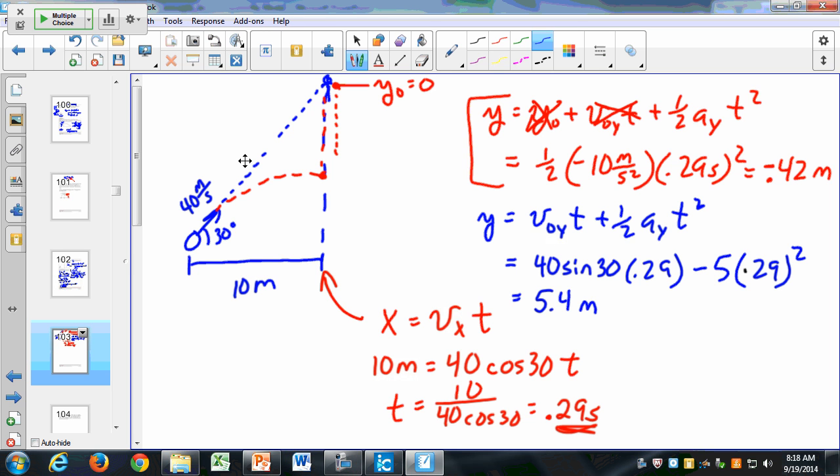So if I look at this triangle right here, I have a triangle, 30 degrees, 10 over here. I know that the tan of 30 is y over 10, and so I can solve for y. That's 10 tan 30.